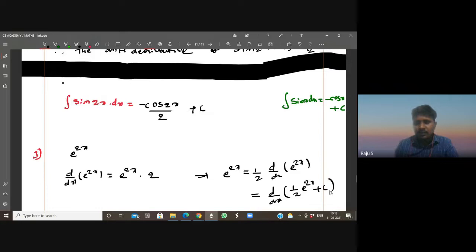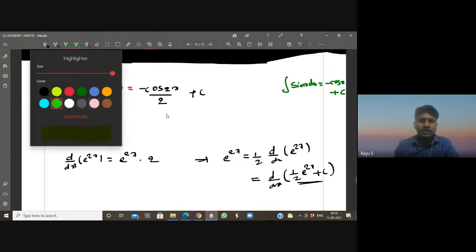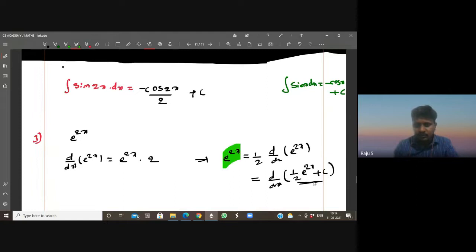You can even write plus c also, because plus c does not change the values, as d by dx of c will become 0. So this is the answer. The antiderivative of e power 2x is 1 by 2 e power 2x plus c. That's all.